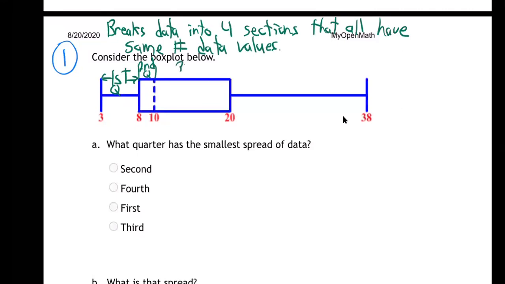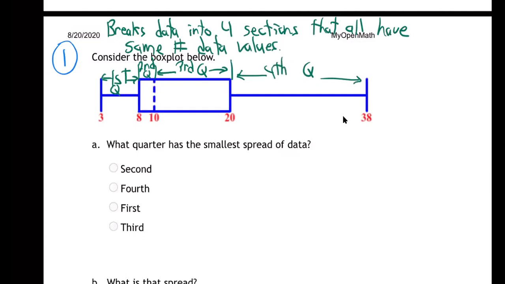Here's the third quarter, from there to there. And here's the fourth quarter, from there to there. Now, notice they're different sizes, but they must have the same number of data values in them. I'll explain more as we go.